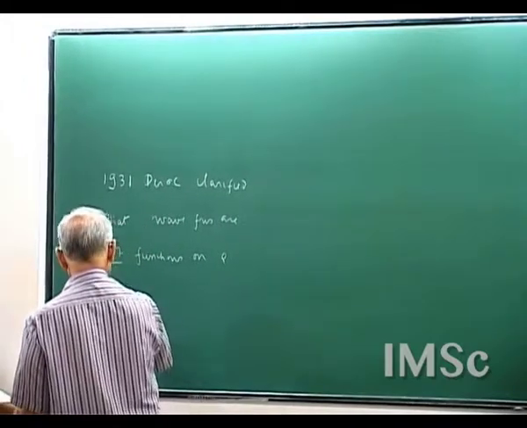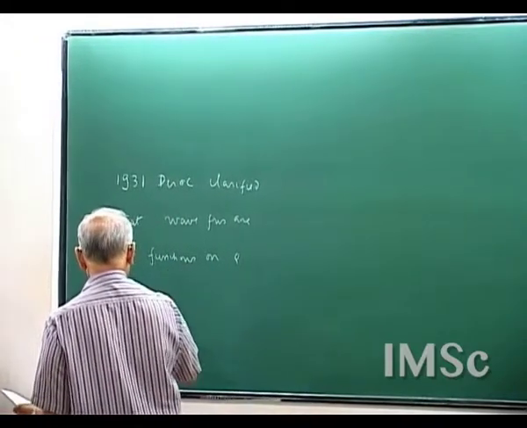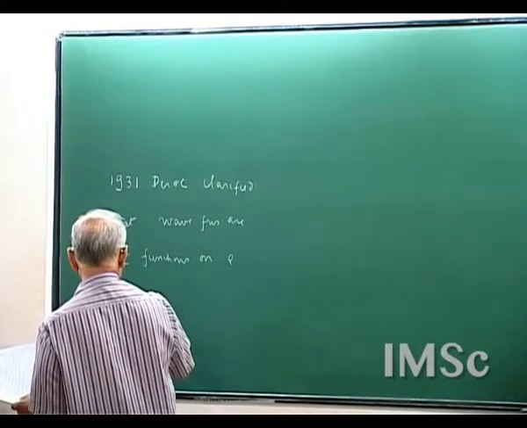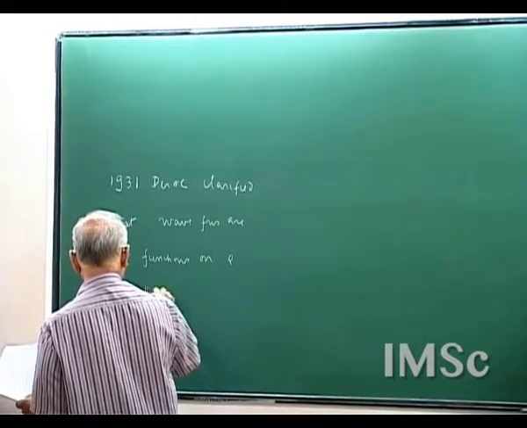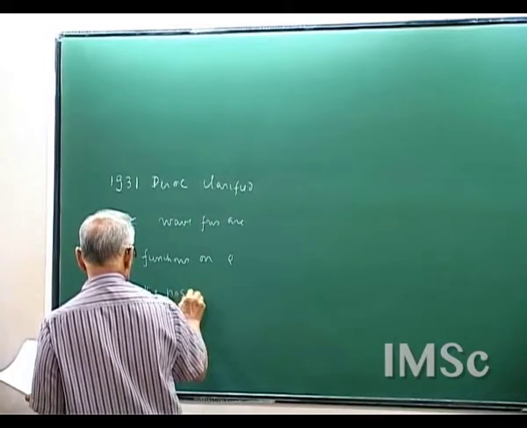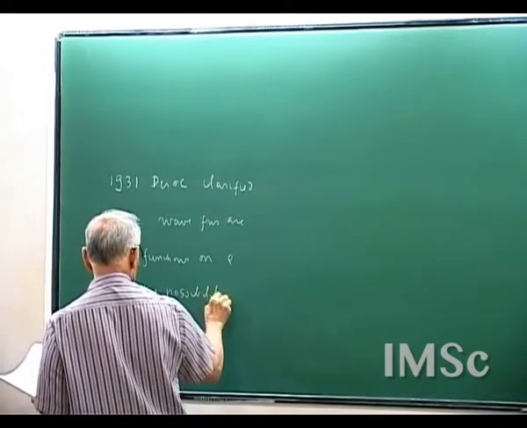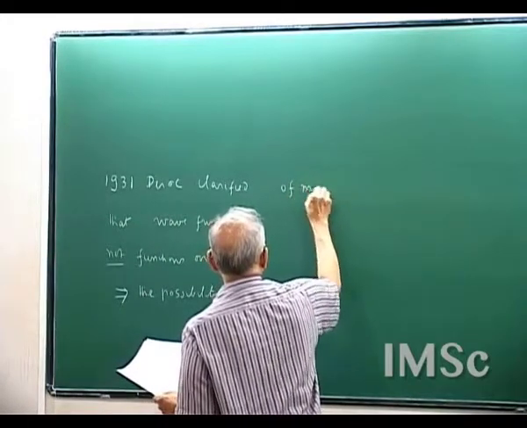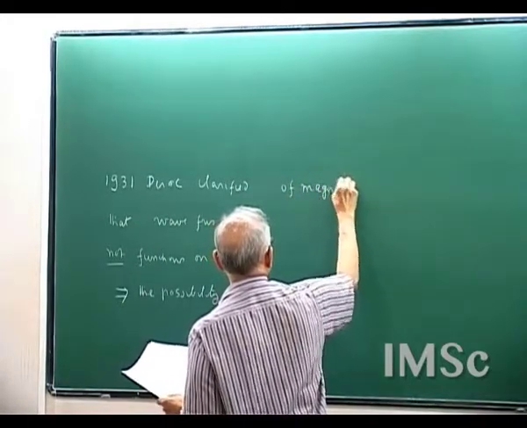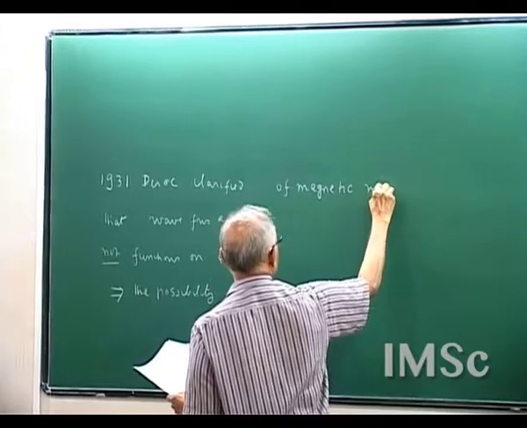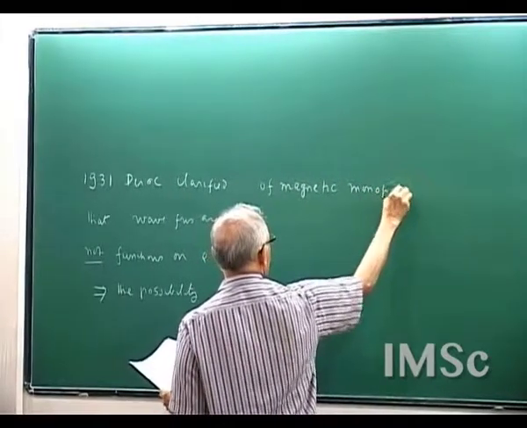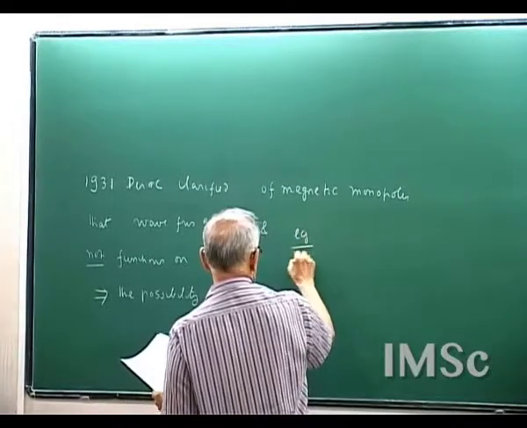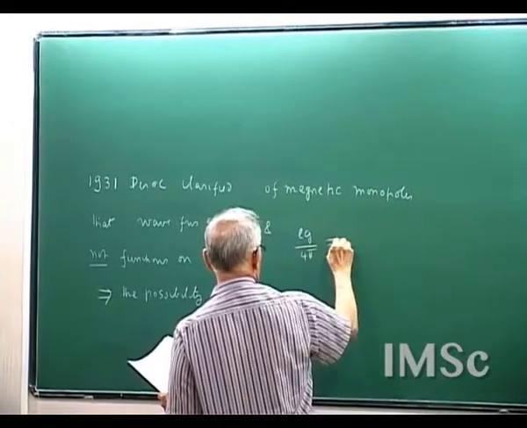What he does here is to develop this formulation and prove the possibility of magnetic monopoles. And he proves that Eg over 4 pi or something is n times h bar.